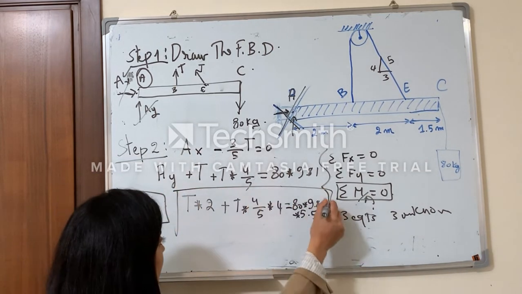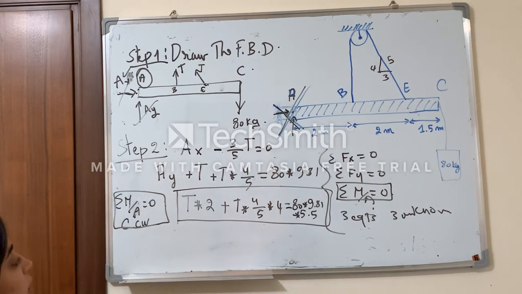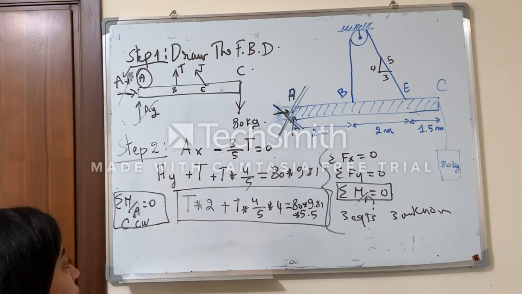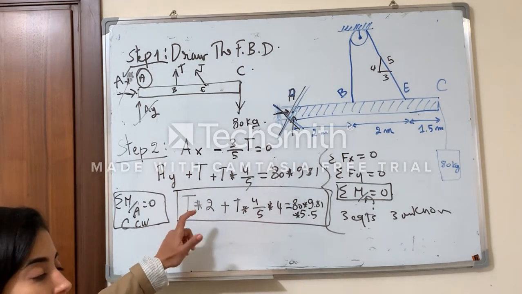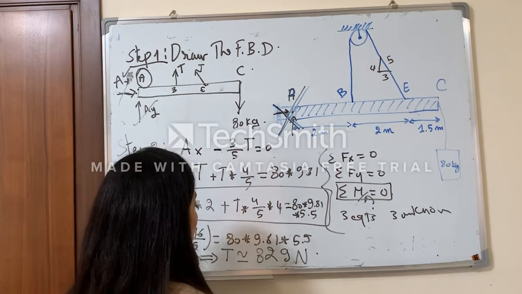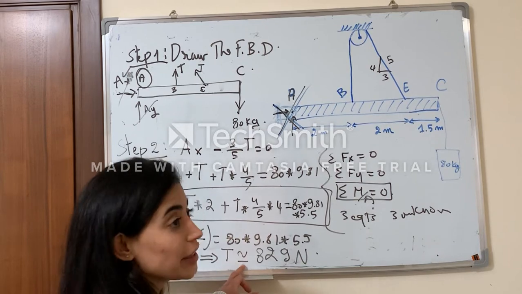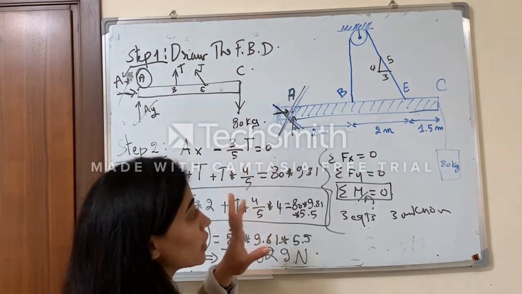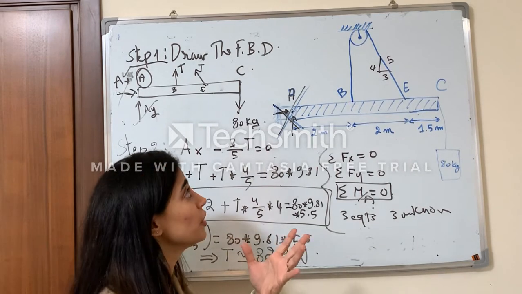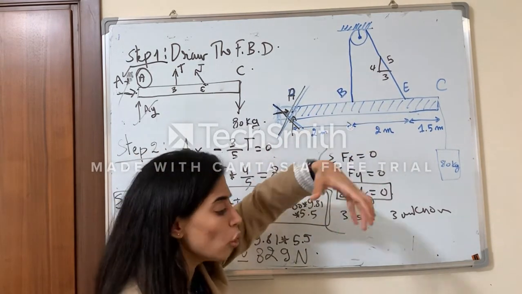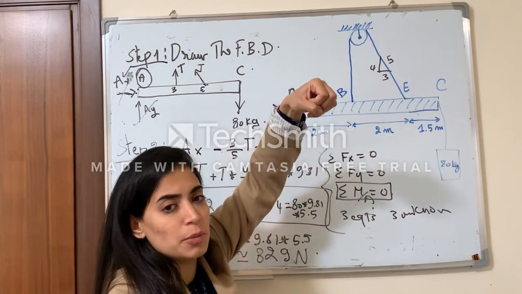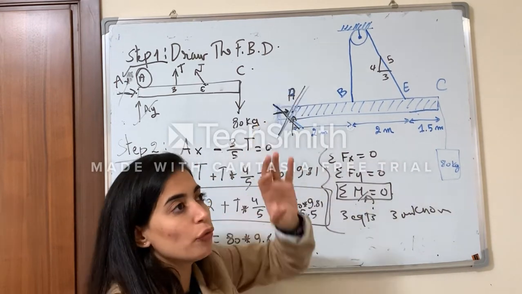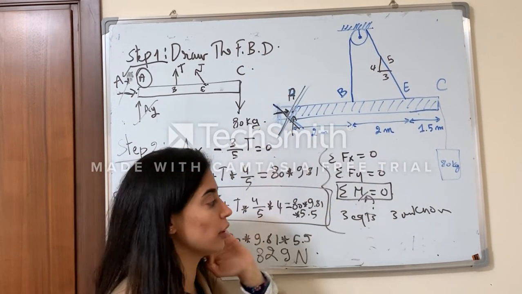Take a look at it. So you can see guys that this third equation has only one unknown, which is T. So I can find T. Now here guys, T is positive, which means that the direction chosen for T is correct. Basically, I can predict this because in fact, these two ropes are holding this beam, so they are doing an external force in the upward direction.